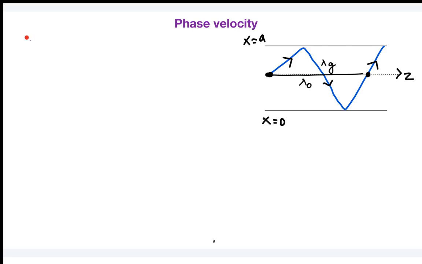Velocity can be written as wavelength times frequency. So what is the actual wavelength you have covered right now? When you don't have waveguide, what is the wavelength you have to consider here? That is from here to here. Wavelength basically defines the distance traveled by the wave in order to have a phase difference of 360 degrees.